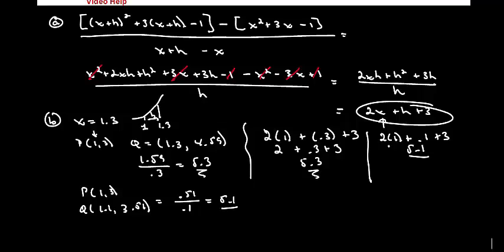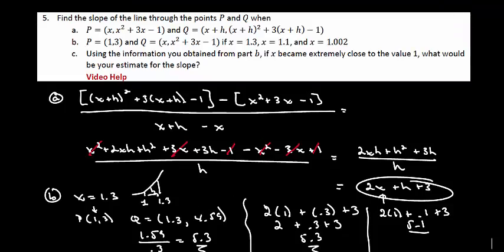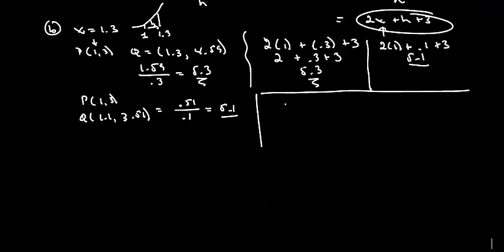This way over here is significantly more quick. So now when we want to do 0.002, it's 2 times 1 plus 0.002 plus 3, which, this is a plus sign right here, gives me 5.002.